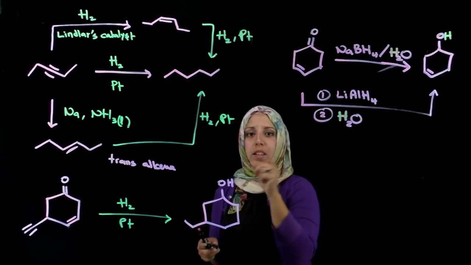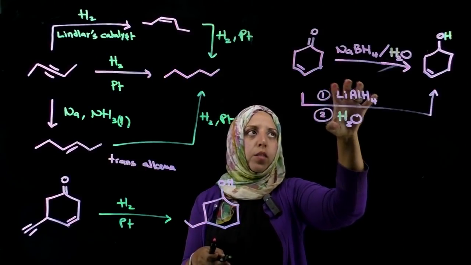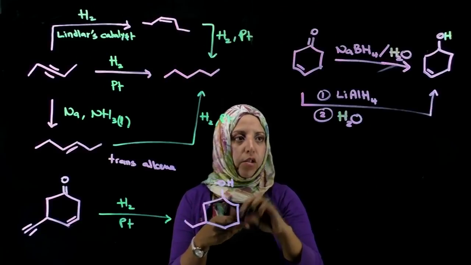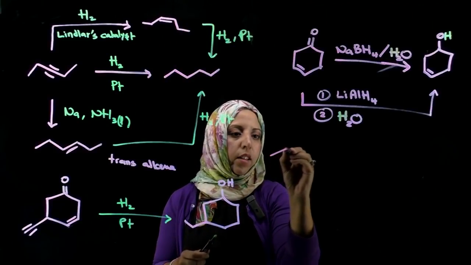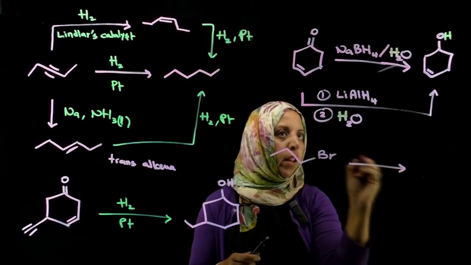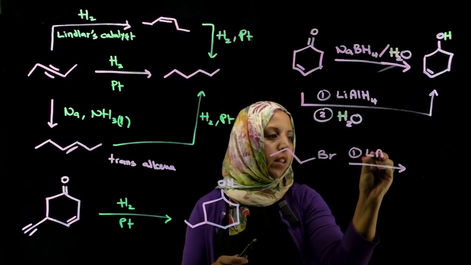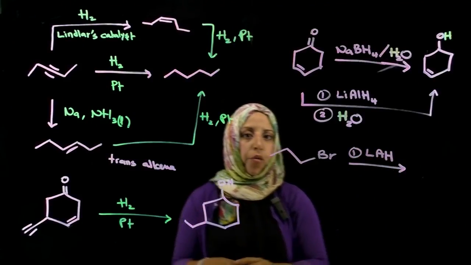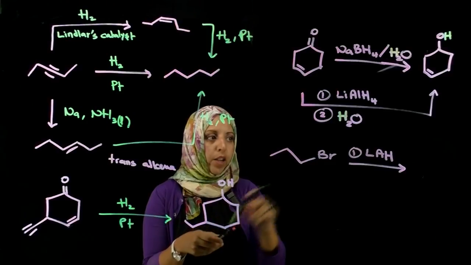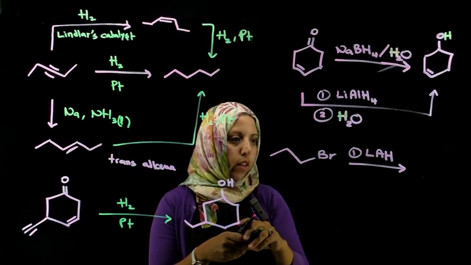The hydride is acting as a nucleophile in this case, and lithium aluminum hydride is more reactive than sodium borohydride. So if we start with an alkyl halide, for instance, and add lithium aluminum hydride, again abbreviated as LAH, it is a hydride source.